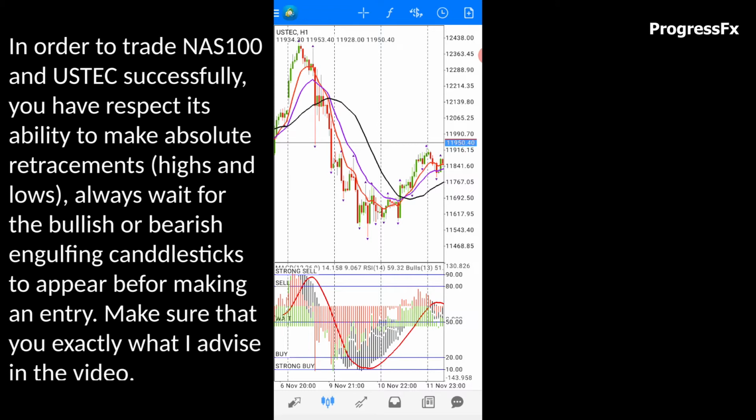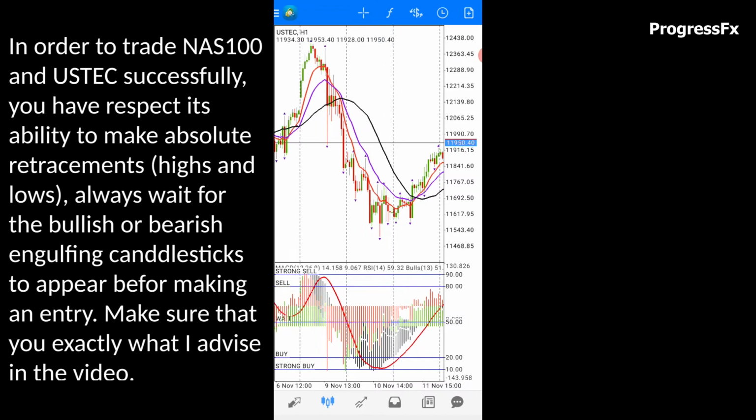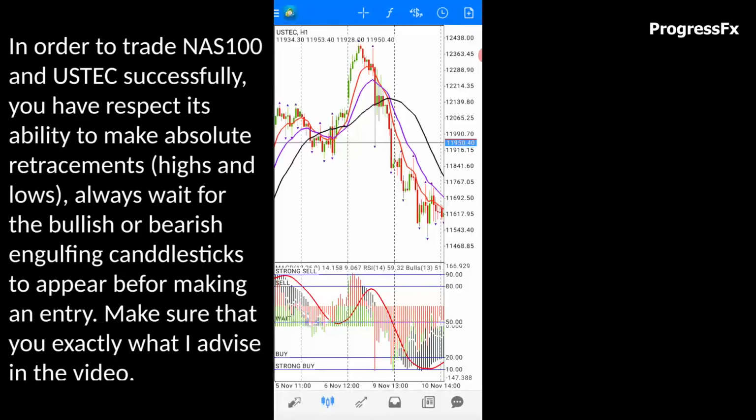I repeat, in order to make a successful entry so early before the trend will start, like I told you in one of the previous videos, this line stands where the market opens and closes for the day, opens the next day and closes for the day, so like that.